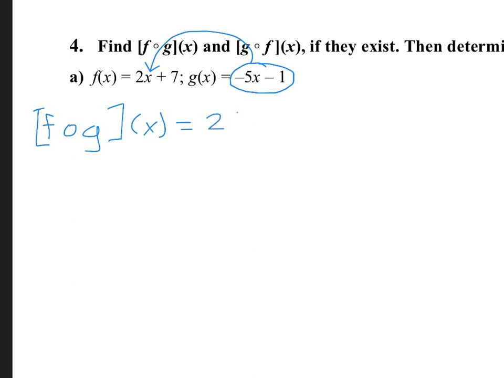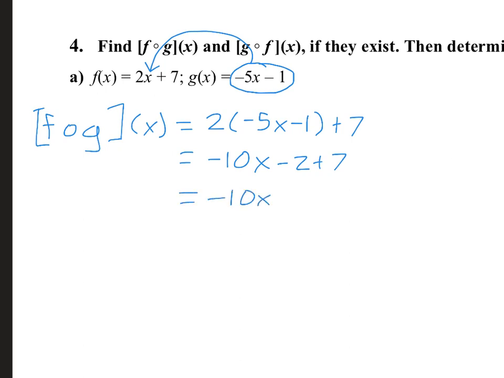So there's going to be 2 times -5x minus 1 plus 7. I replace the x in f of x with -5x minus 1, and then I simplify. So this is going to be -10x minus 2 plus 7, which is -10x plus 5. So that's what f composed g of x equals.